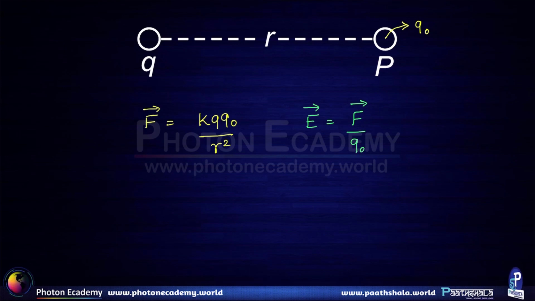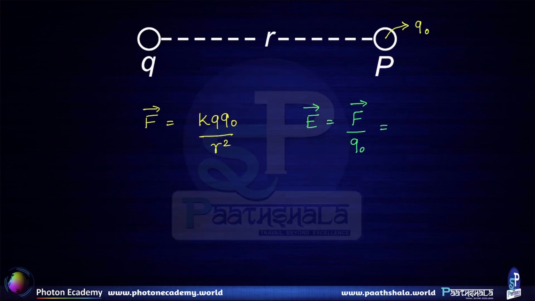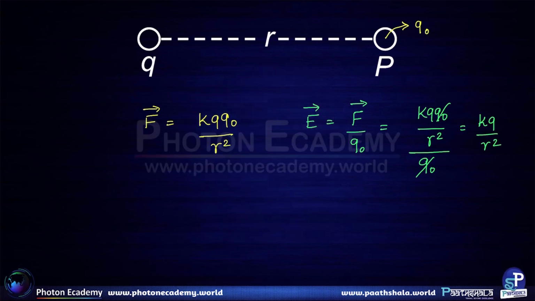This is the definition of the electric field. So this will be K Q Q naught upon r square, whole divided by Q naught. So we can see that Q naught gets cancelled and we are left with the expression KQ upon r square.